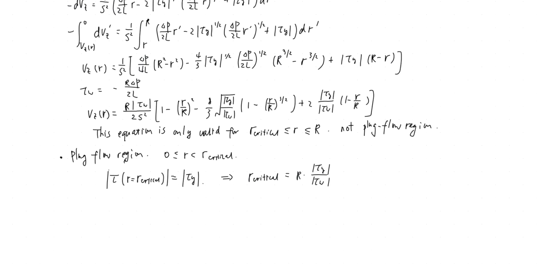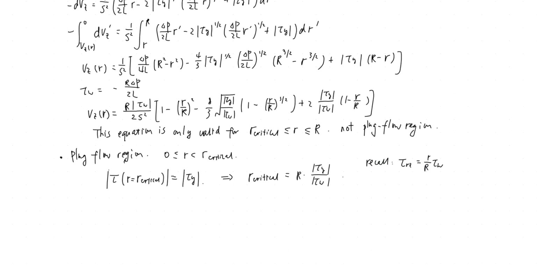If you don't remember what it is, recall that we had one equation from the lecture of force balance, where we can express tau RZ equals tau W times R divided by capital R. This is from force balance. And now, when your tau RZ is the yield stress, this happens at R equal to R critical. That's why you have this relation.